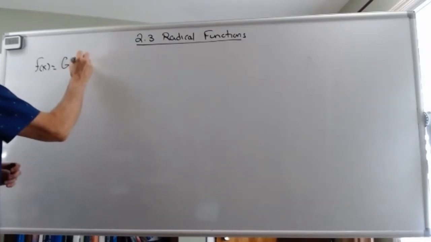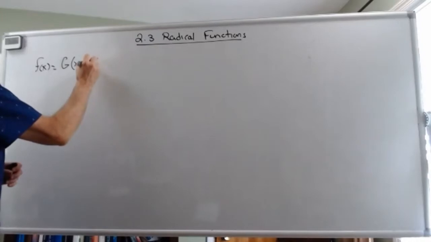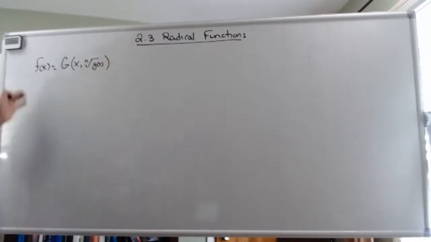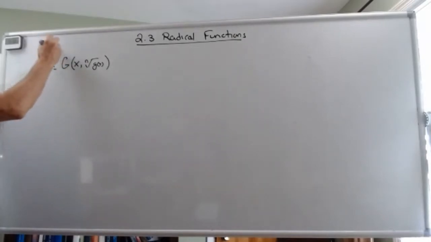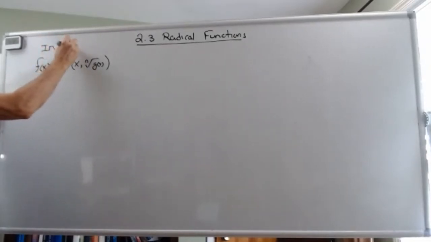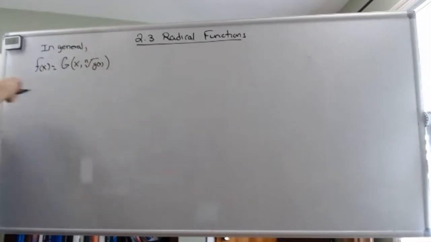You could have the nth root of other functions called lowercase g of x, where that is, in this case, another function. In general, it could be extremely complicated. If you don't understand notation, that's okay. I put this in the book because it's even more complicated, but in general, it can be very complicated. We're looking at a very small subset of these radical functions.